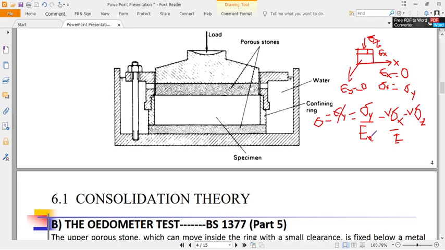Young's modulus is the same, so we remove that, and this also cancels out. So what do you find?